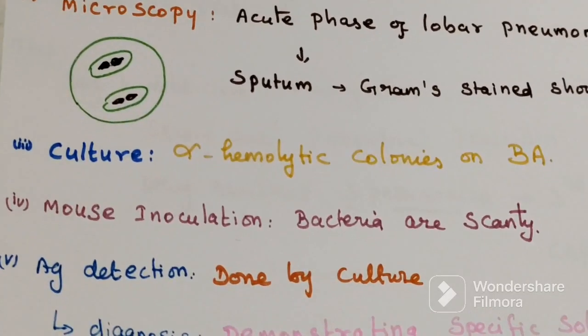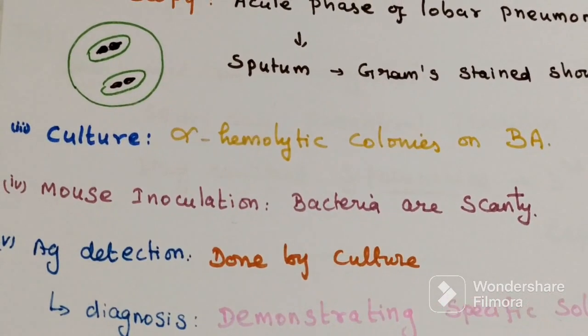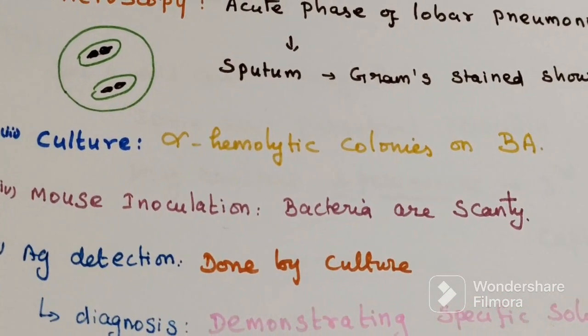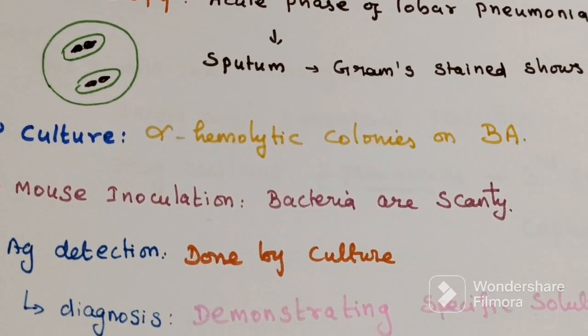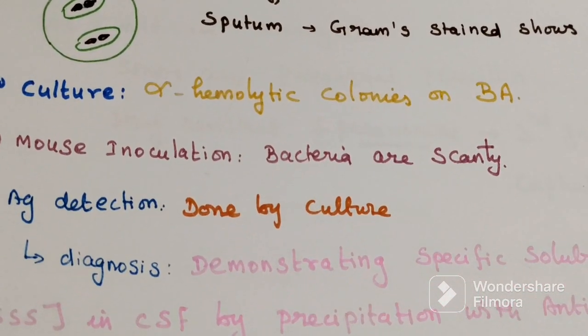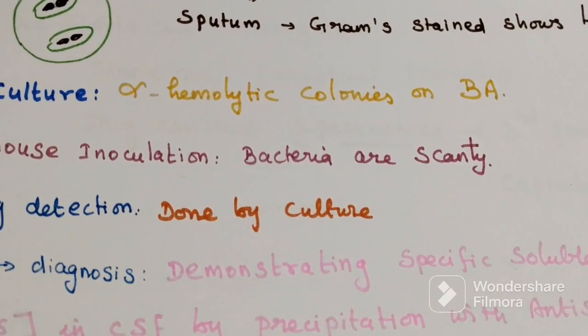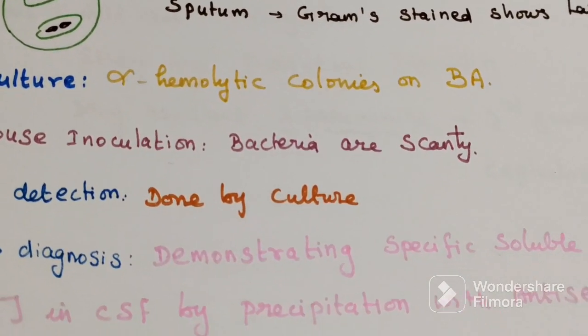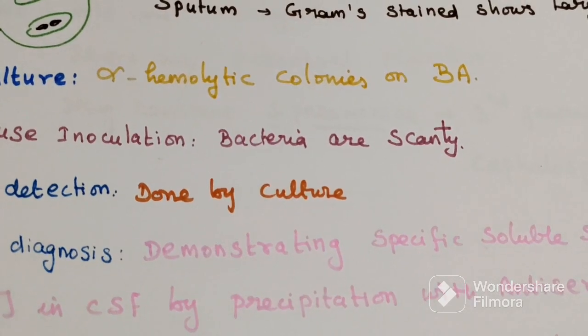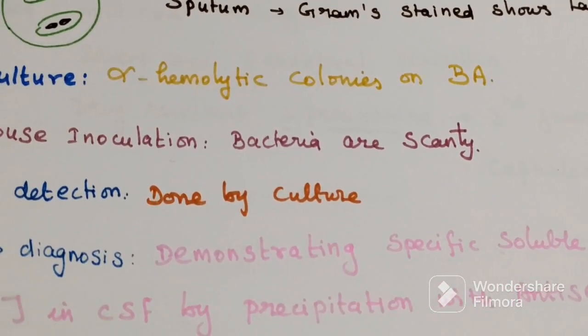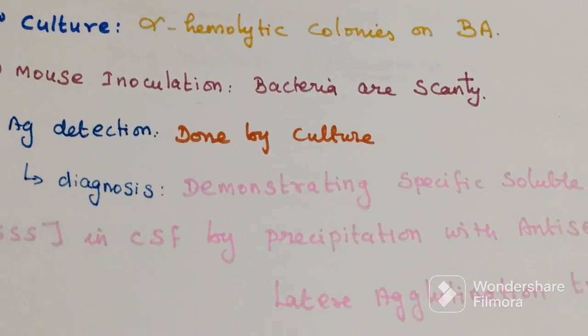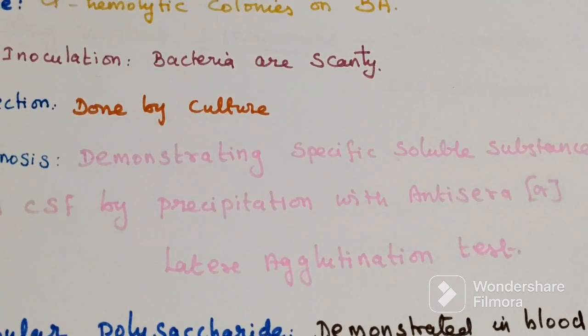Then antigen detection. In the case of meningitis, diagnosis is done by demonstrating specific soluble substances in CSF by precipitation with antisera or latex agglutination test.